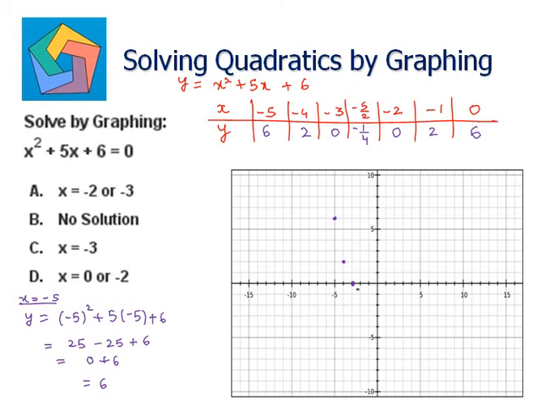Here I can say -2, 0, -1, 2, and 0, 6. So we can join these points in order to form the quadratic graph.